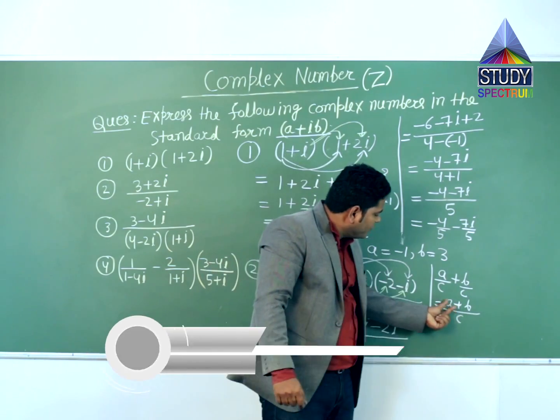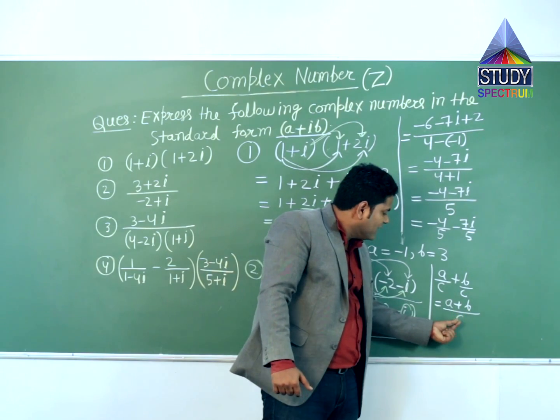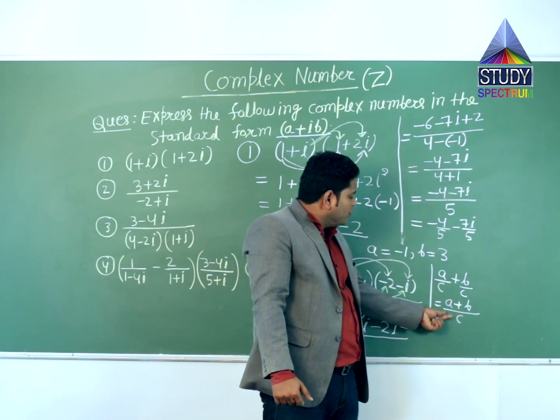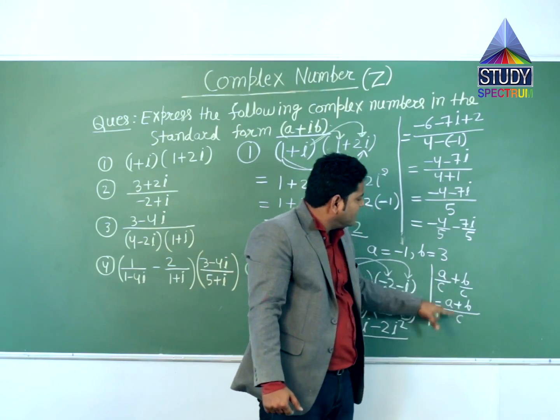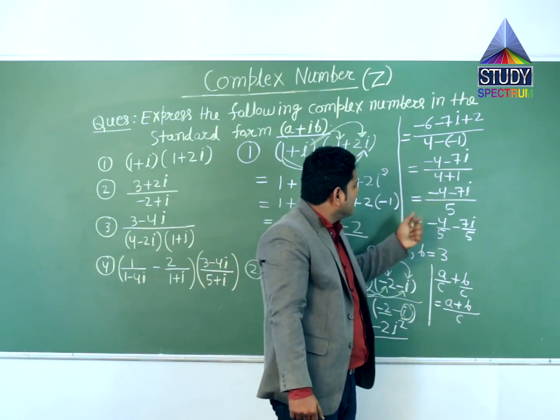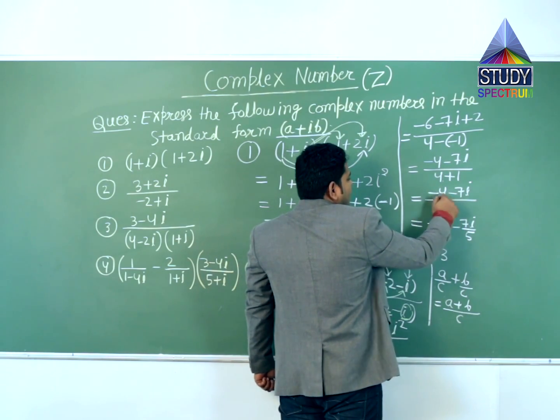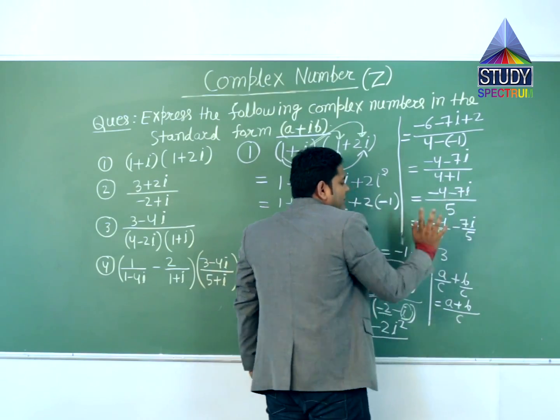It means if you have two or more than two terms in the numerator and only one term in the denominator, then you can separate terms like this: a by c plus b by c. In the same way we have done here, minus 4 minus 7i by 5. So we can separate like this: minus 4 by 5 minus 7i by 5.